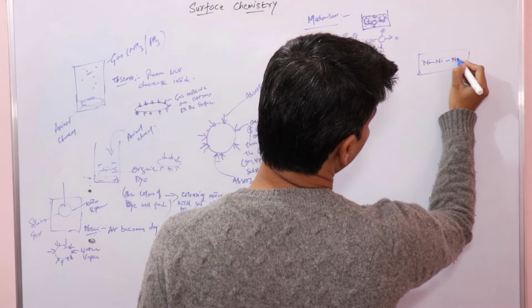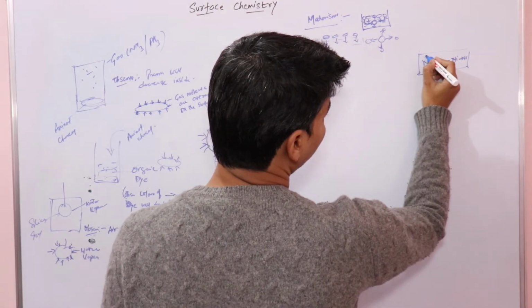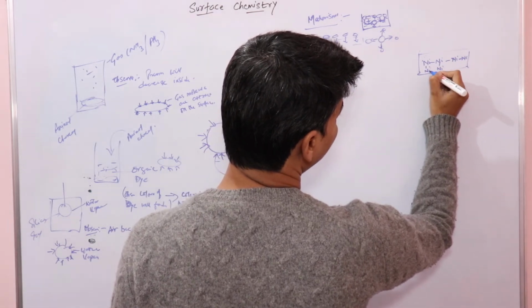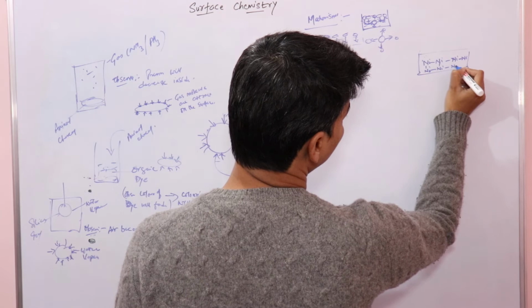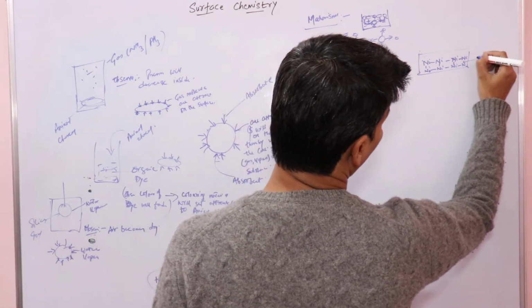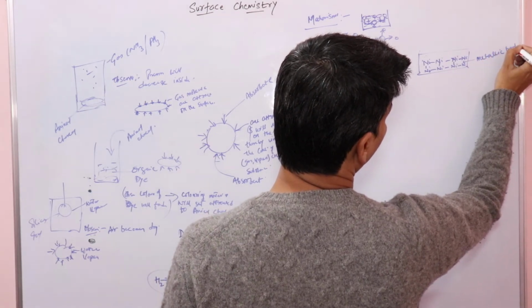Inside the bulk of the solid, one nickel atom is bonded to other nickel atoms due to a metallic bond. This is a metallic bond.